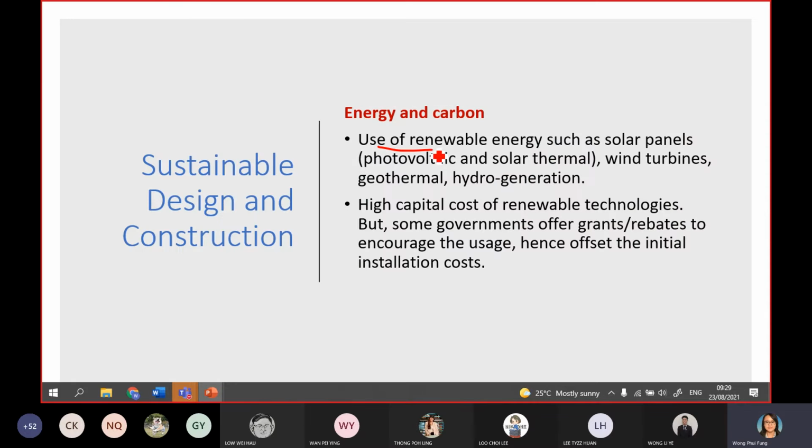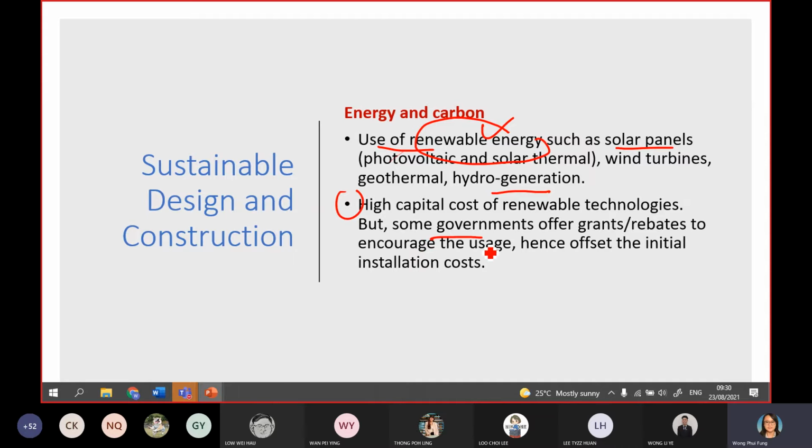And of course, the next one is to consider renewable energy, such as solar panel, photovoltaic, solar thermal, or wind turbine, geothermal, or hydro generation. These are energy sources that can be renewed, which reduces the consumption of fossil fuel, because fossil fuel is not renewable. But the problem is when we consider using all these renewable energy, first thing is what? High capital cost, very high cost.